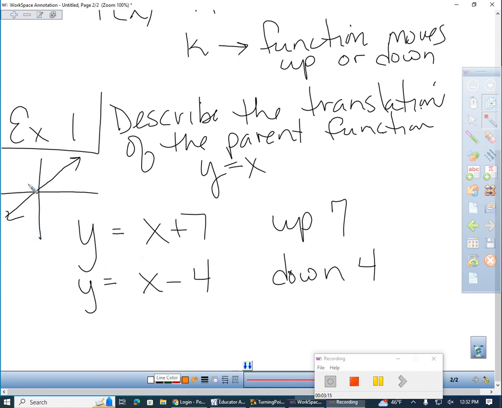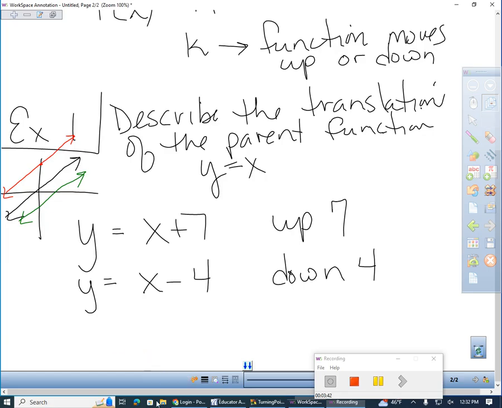My up 7 would move up to where my y-intercept is at 7, and of course my slope is the same. And if I have x minus 4, I've taken that same parent function and moved down 4, and again my slope is the same. Okay, so we've just shifted it up and down because we've added a number to the end.